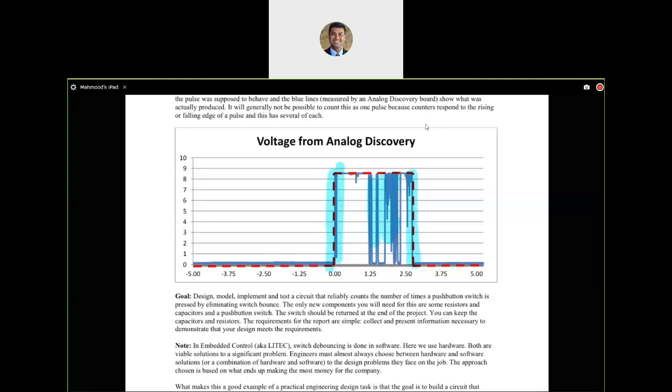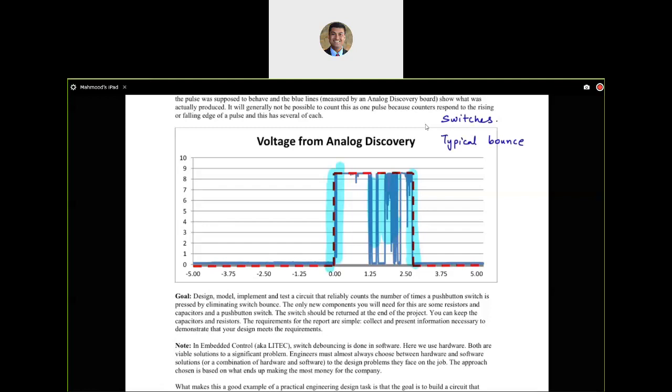That's because of the mechanical properties of a switch not being able to cleanly go from low to high and high to low. So there is going to be a bounce in switches. There are lots of resources linked in project 3 on the class website, and I would highly recommend you go through them to get a sense of the different types of switches you might see, and the typical bounce times.